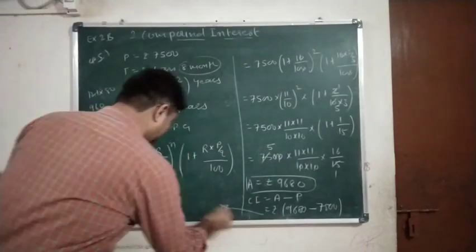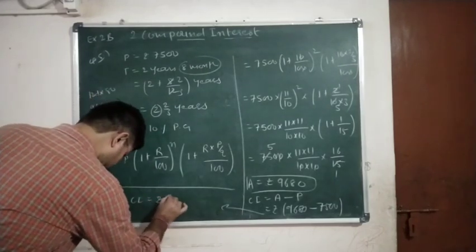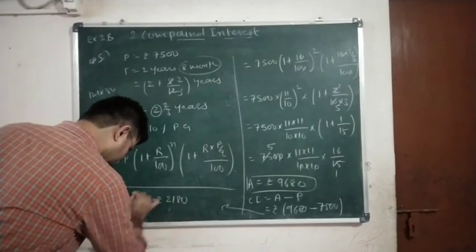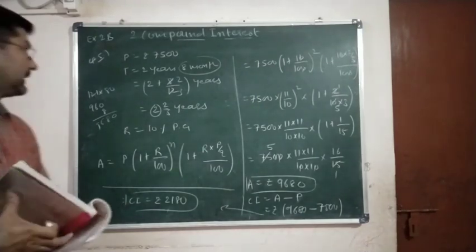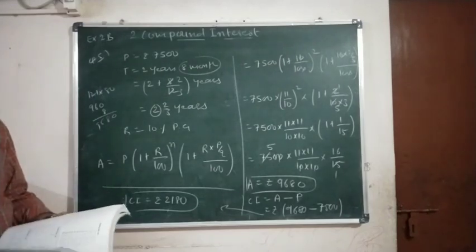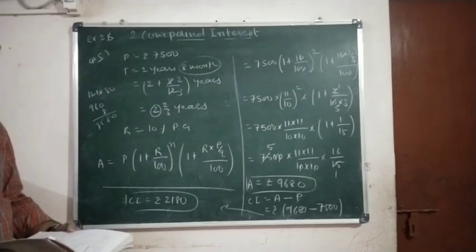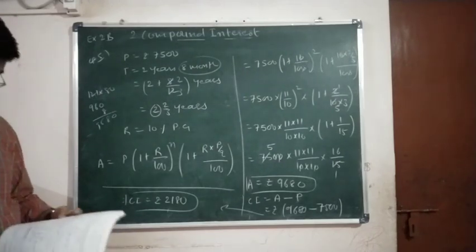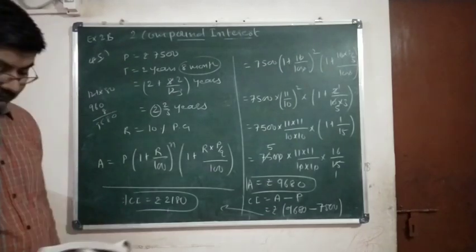Okay, the last step I will write down over here, and therefore CI is equal to rupees 2,180. So the amount is 9680 and CI is 2180. Okay, now let us solve the next question.